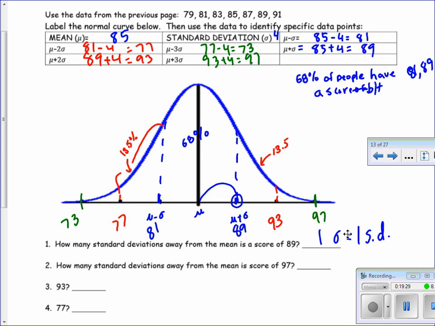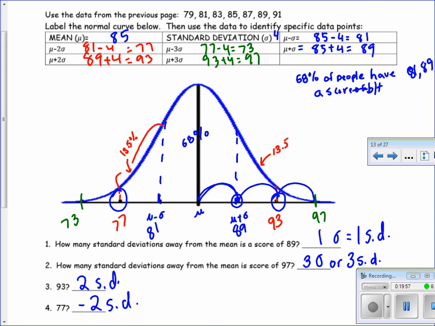So if I count 1, 2, 3. 3 standard deviations, or 3 SD. What about 93? 2 standard deviations.